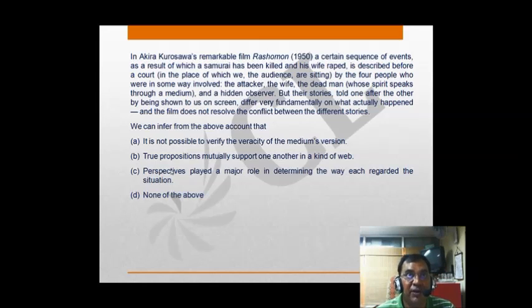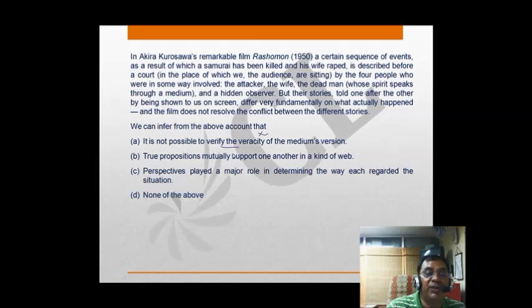That means everybody is giving different accounts because they're cooking it up. One showed the attacker, one showed the wife, so everybody will be speaking in a different way. So it is not possible to verify the veracity. If that had been possible, it would not have been commented that the court could not do it.